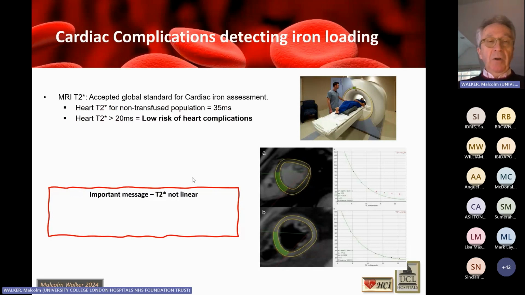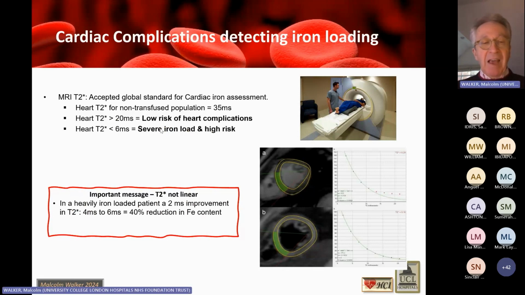And we know from a lot of work in the thalassemia population primarily, that T2 stars over 20 milliseconds carry an extremely low risk, if not zero risk, of cardiac complications from the iron. And if it's as low as 6 milliseconds, which is severe iron overload, that poses about a 50% risk of developing heart failure within 12 months of having a T2 star at that sort of level.